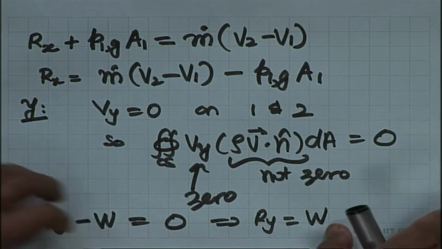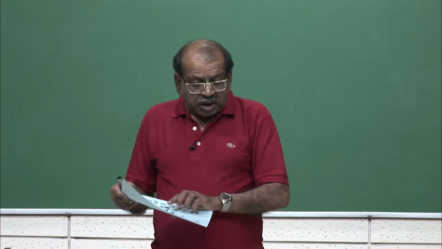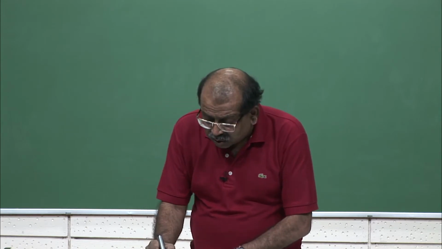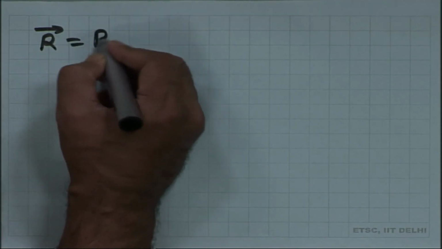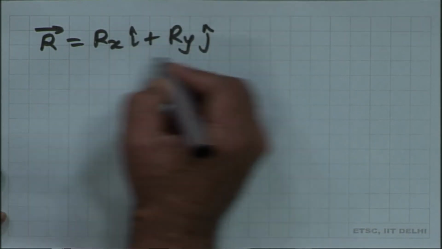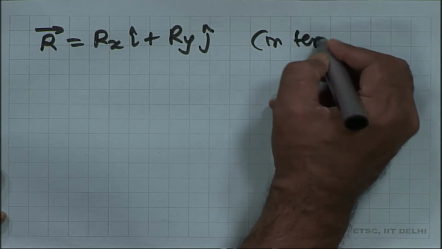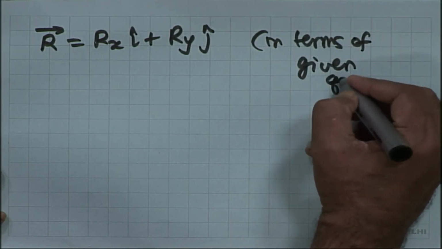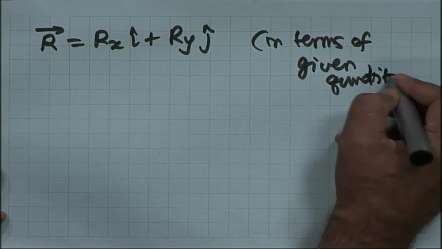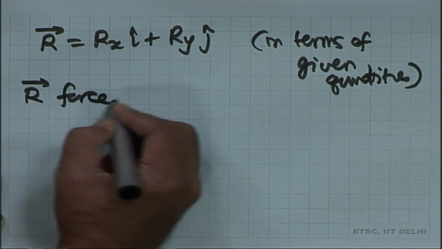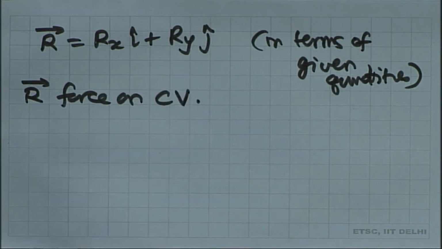So, now the problem looks complete, but there is one more last step to be done. We have got R is equal to Rx i plus Ry j, in terms of given quantities, but notice this R is the force on the control volume.